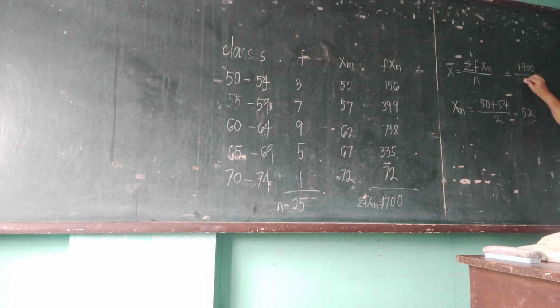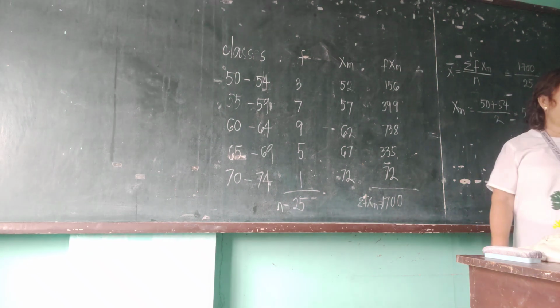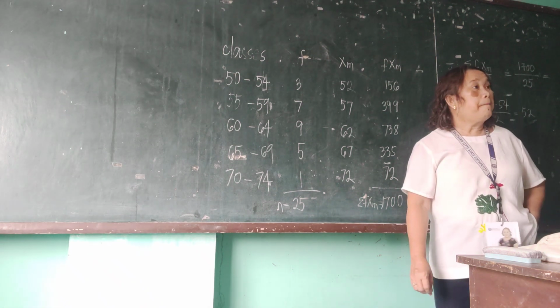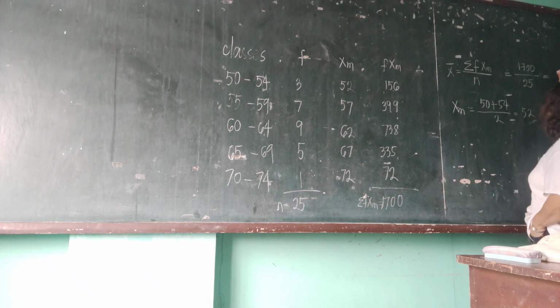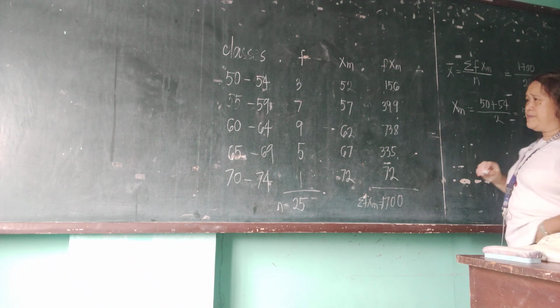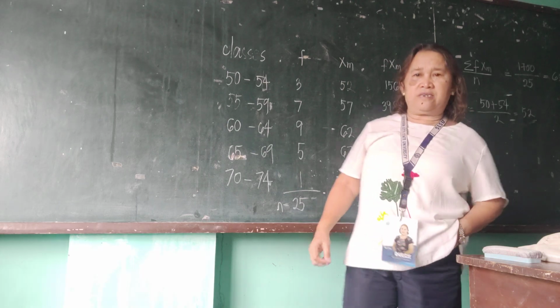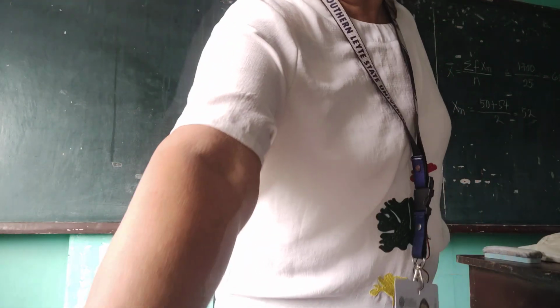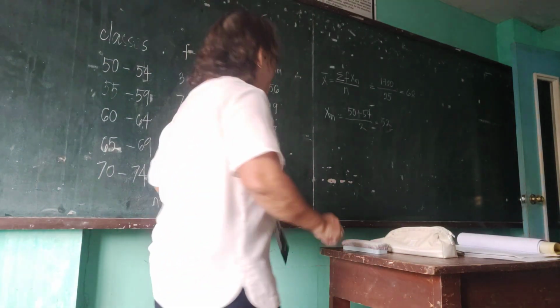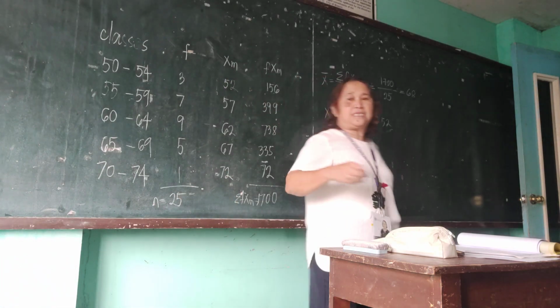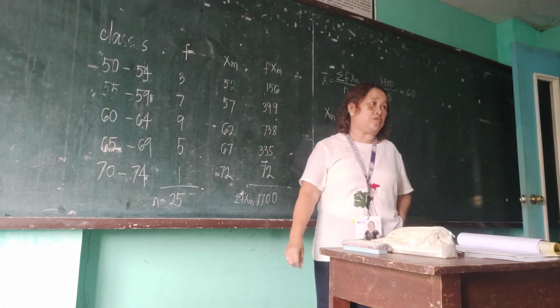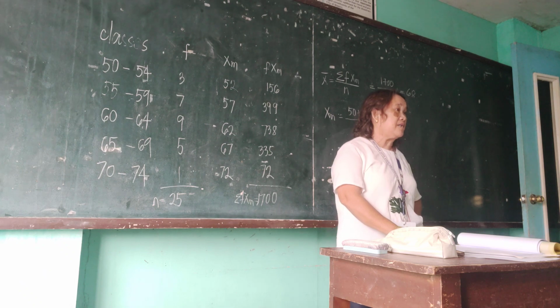Now, following the formula, our mean would be equal to 1,700 divided by 25. So the mean is equal to 68. Okay, so the mean is 68. Now look at your data. If your mean is within this range, then at least you can be sure your answer is reasonable.